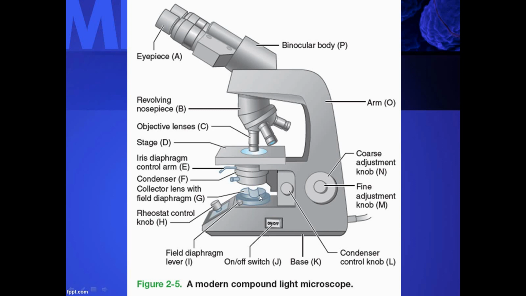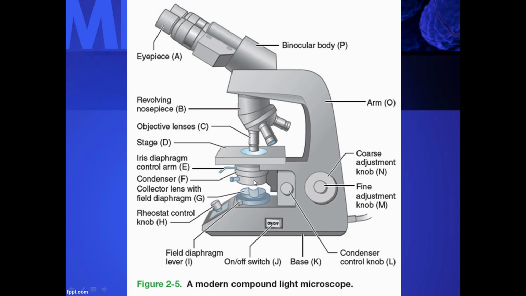Then the collector helps them go parallel to each other to reach the condenser. We have the field diaphragm lever that can control the light passing through the field diaphragm and the collector lens. So there is another way to control the light other than the rheostat control knob, which is the field diaphragm lever.